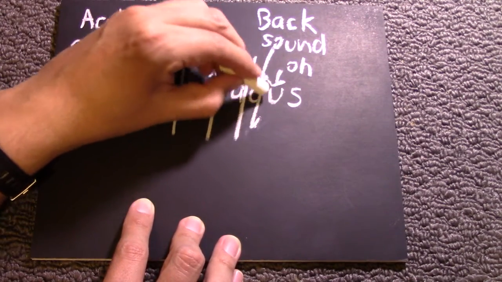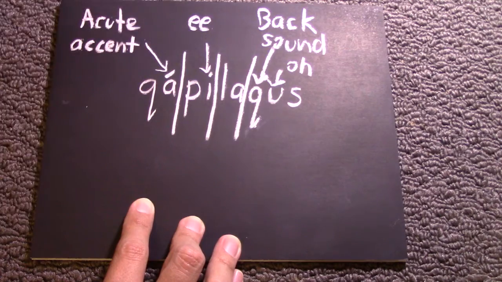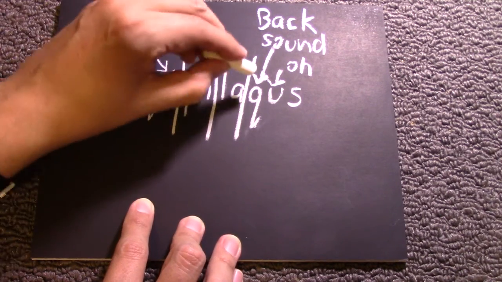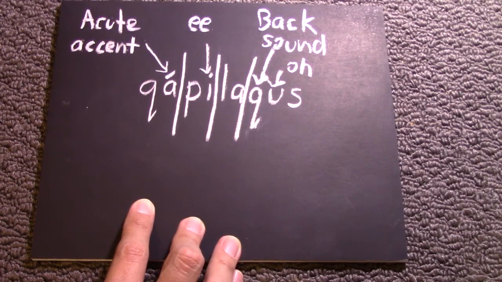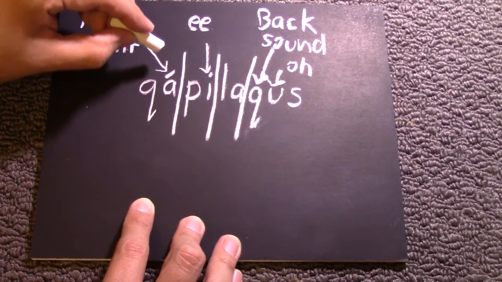This is what's referred to as a retracted vowel. The U and the I can change when they follow a back sound. So if you put them together, you get qapilaqus.